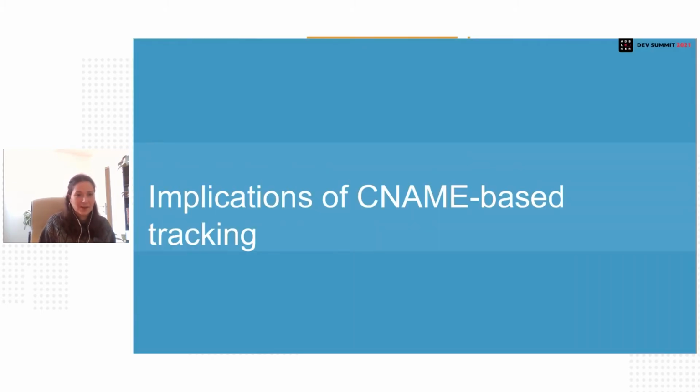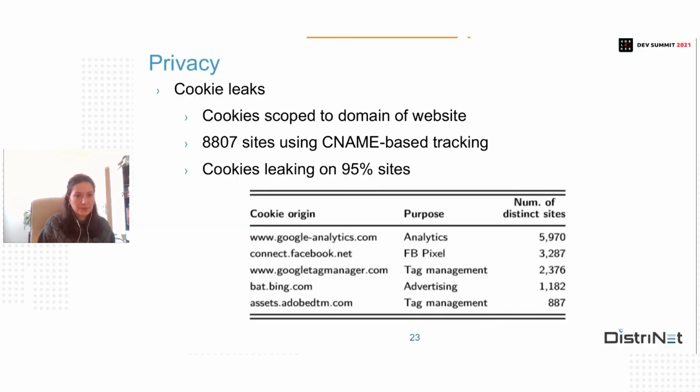So finally, we also evaluated some privacy and security implications of the CNAME-based tracking scheme. First of all, we found that cookies were leaking. Because the cookies were scoped to the domain of the website, by using the SameSite=None attribute, a lot of cookies were being sent to the CNAME subdomain of the tracker.